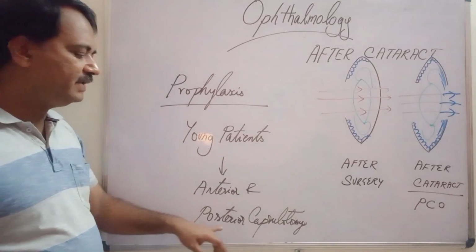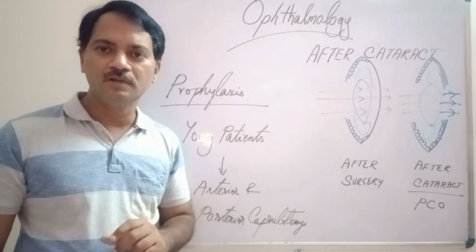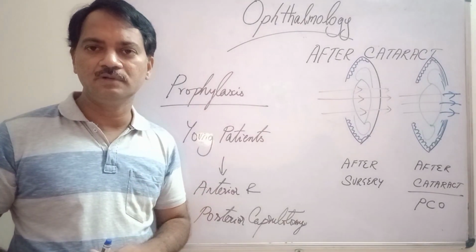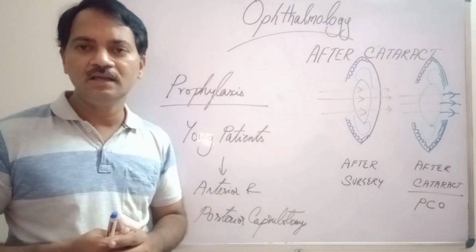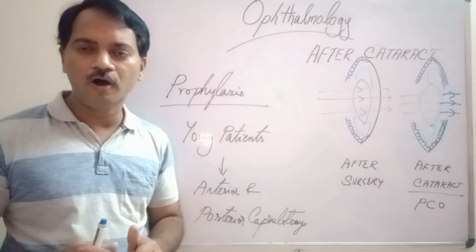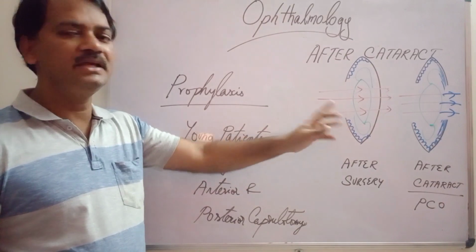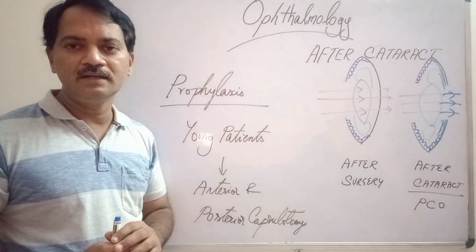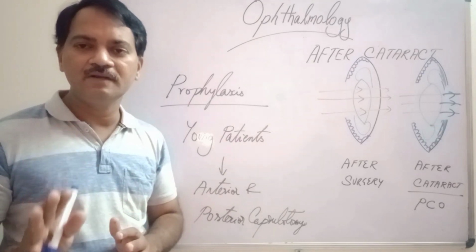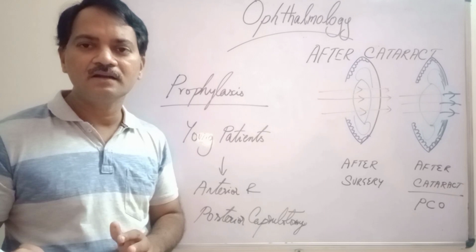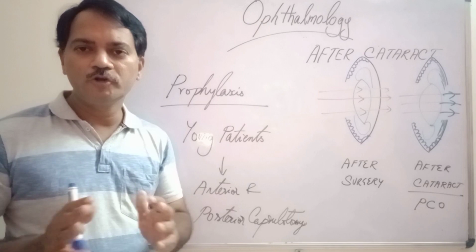Along with that, we also create an opening in the center of the posterior capsule, so that even if these fibers get formed after surgery, they cannot have a hold to grow along the posterior capsule and thereby not obstruct the vision, so that the patient will have a very good vision after a cataract surgery always. With this, I am going to stop here.